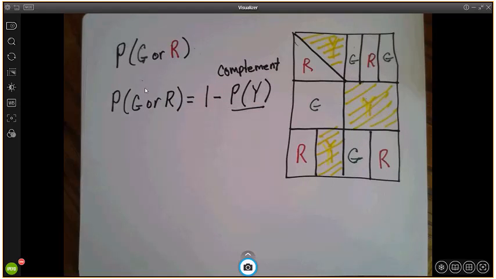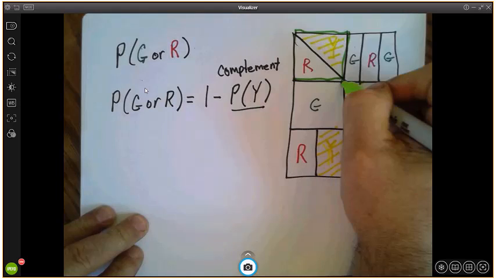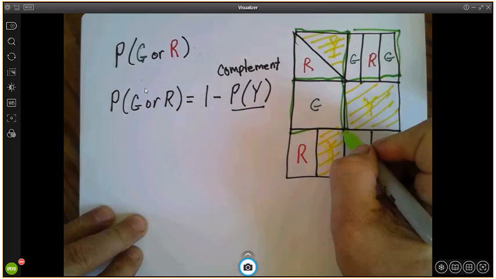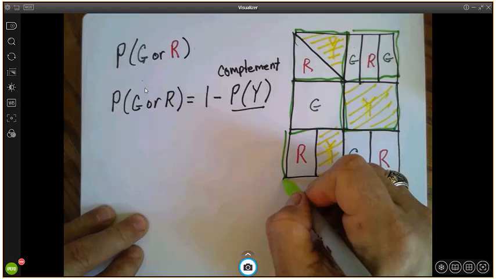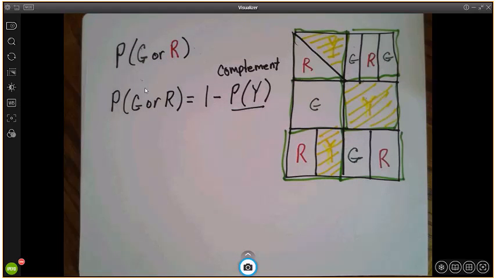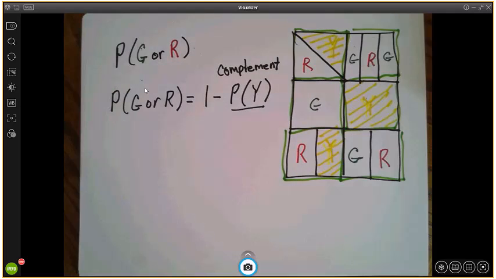Well, there's one right here. There's 2. There's 3. There's 4. There's 5. And there's 6. But how many are yellow? One big square. Do you understand that?